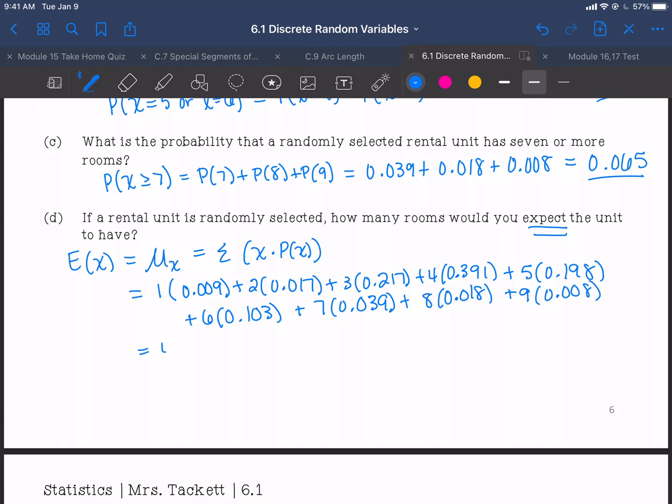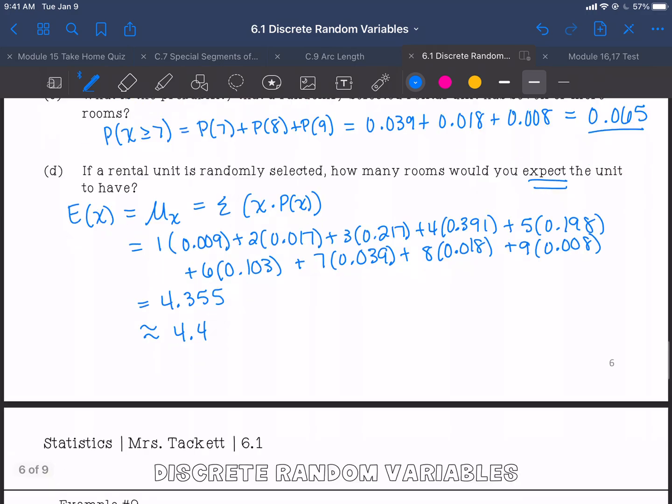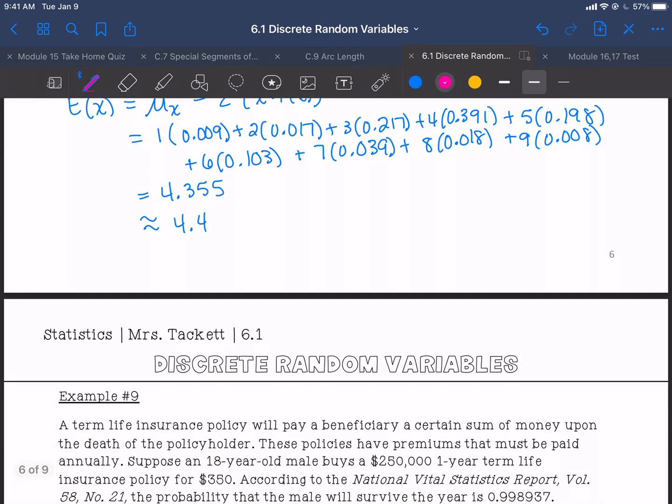You do that and you get 4.355, which will approximate to 4.4. So what that means is we would expect a rental unit to have 4.4 rooms on average.